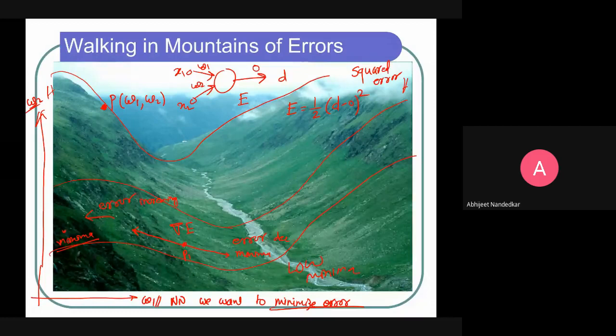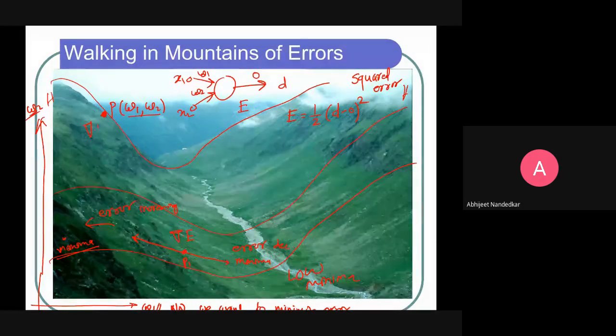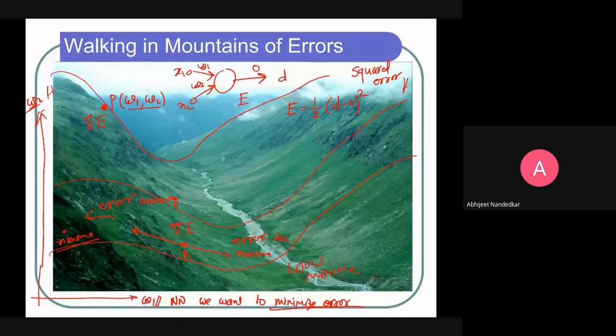So we'll see details again. For the time being, assume that this is the point P, and you're standing at P by choosing W1 and W2 as your parameters of the neuron, and the error is E. If you compute the gradient of error here, it will point towards the maximum of error in this direction.